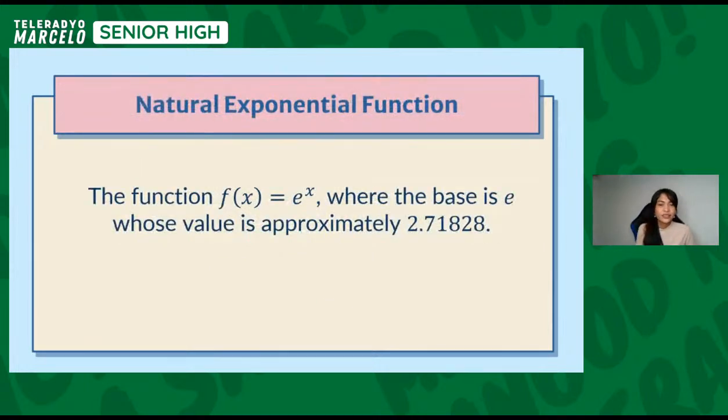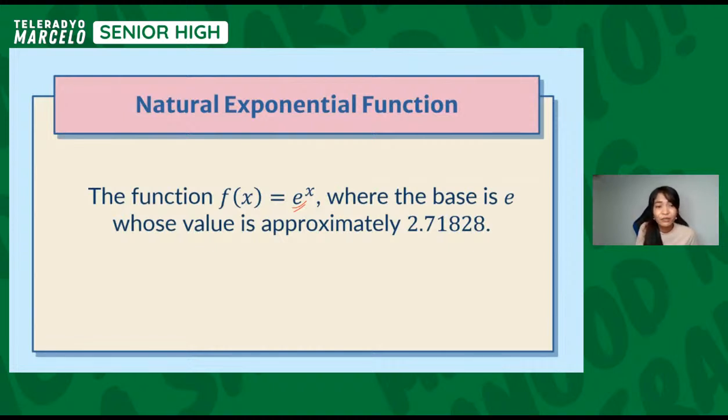Now, let's proceed with another key terminology that we are going to tackle in exponential functions. We have here the natural exponential function. This is defined by the function f of x is equal to e raised to x. This letter e here is called the Euler's constant, and it has a value of approximately 2.71828.